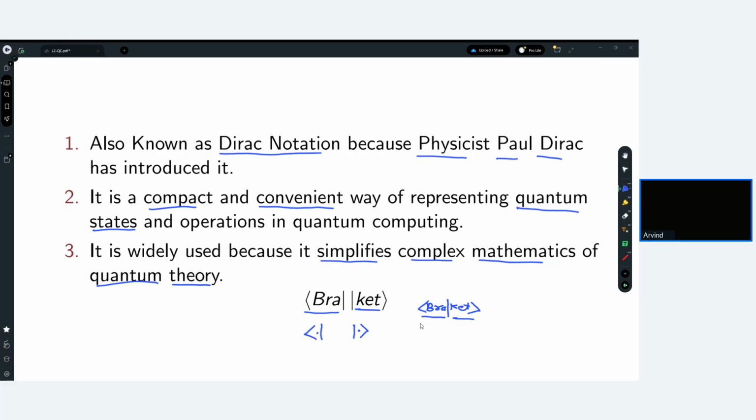So hence the bracket notation is a combination of two different notations. One is called the bra notation and the second notation is the Ket notation.